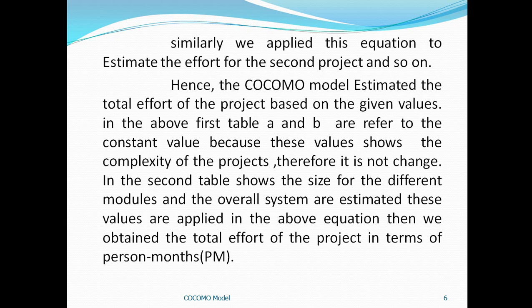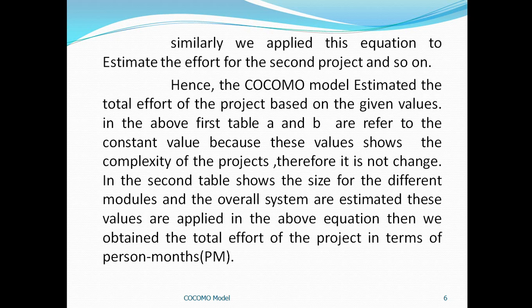Hence, we conclude that the constructive cost model is used to estimate the total effort of the project based on the given values. In the first table, A and B refer to constant values because these values do not change. They refer to the complexity and type of the project.